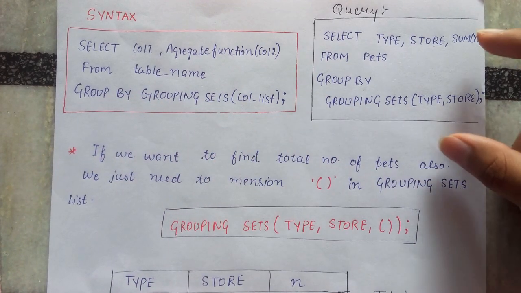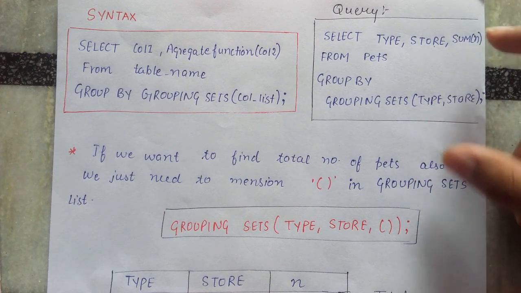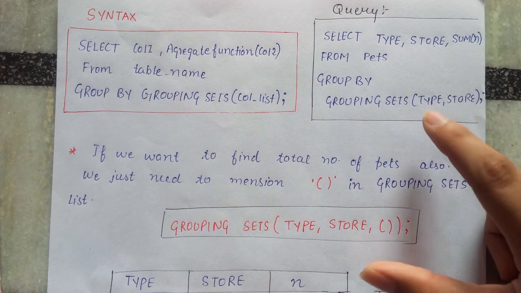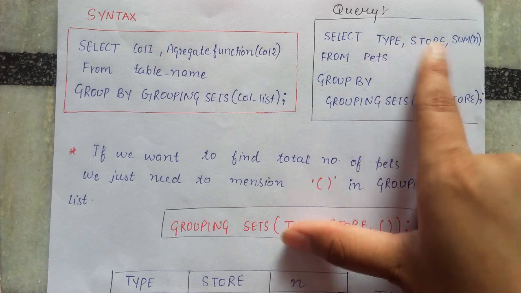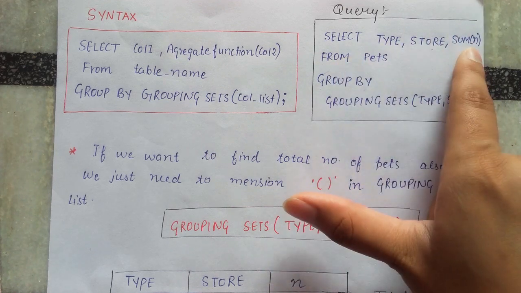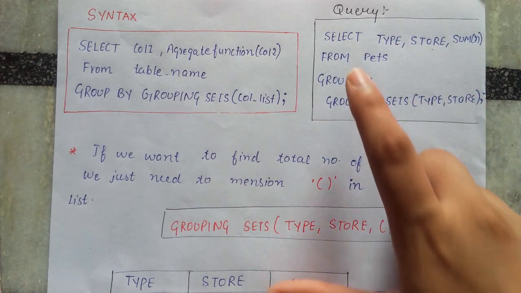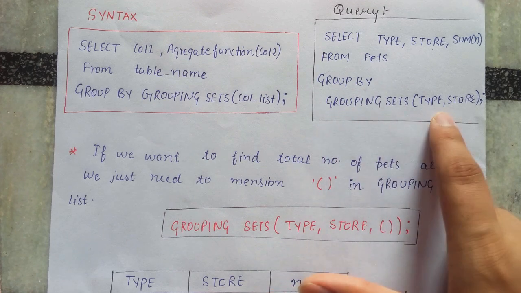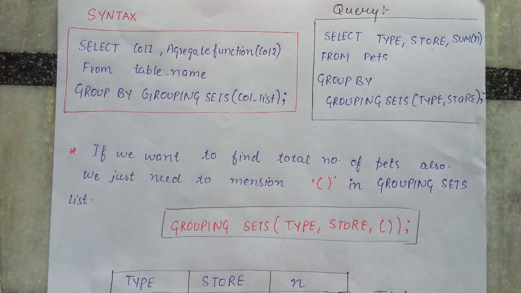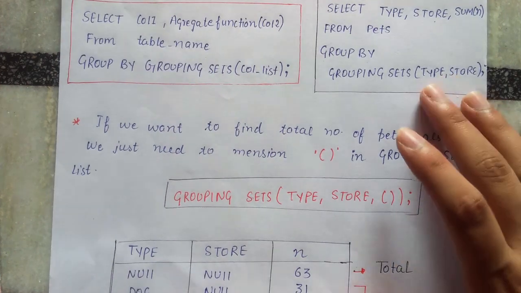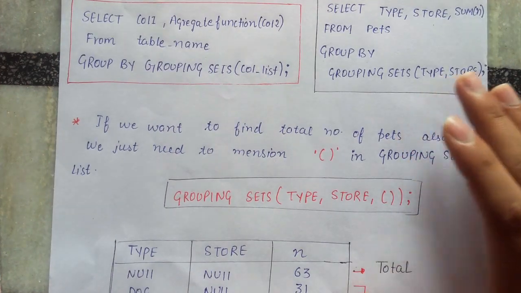This is a query for grouping the pets table on the basis of type and store: SELECT type, store, SUM(n) FROM pets GROUP BY GROUPING SETS (type, store). This will return the table that we discussed above. So this is the syntax for using grouping sets.